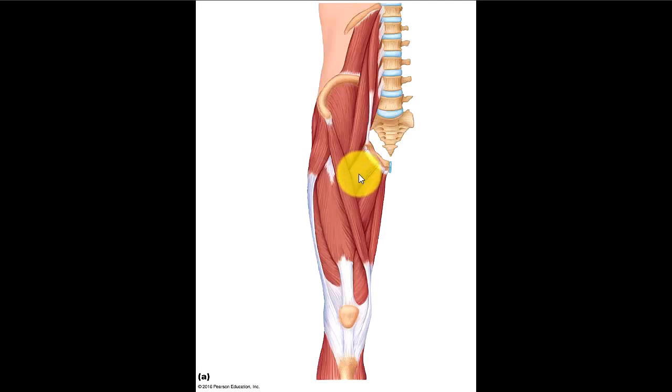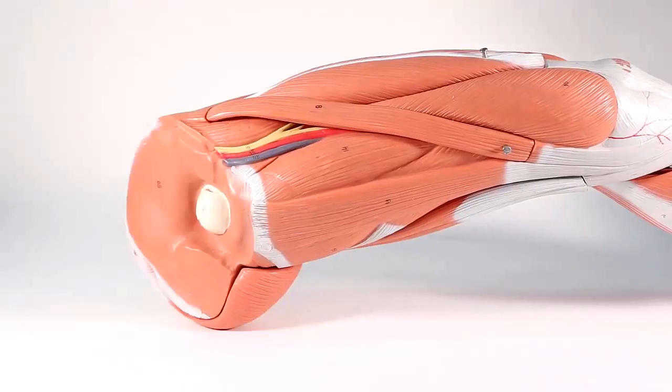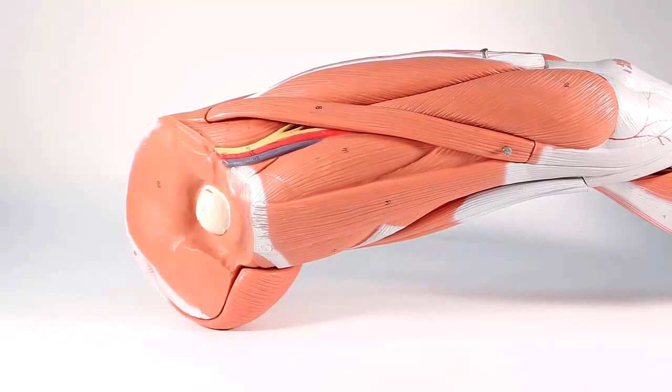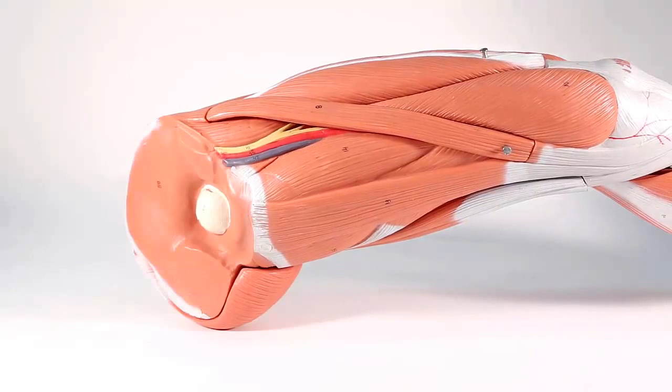This gives a little extra view compared to a model. Now, pectineus is going to adduct, flex, and it can also medially rotate the thigh. So pectineus is adducting, flexing, and medially rotating the thigh.